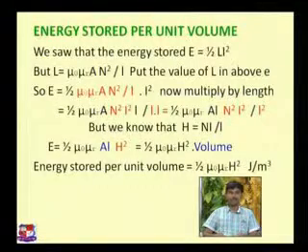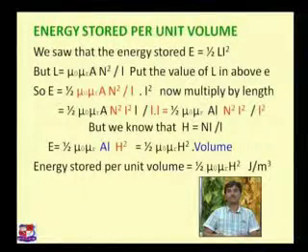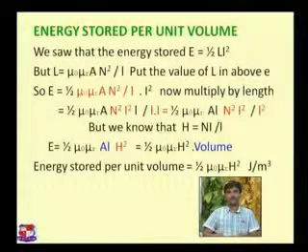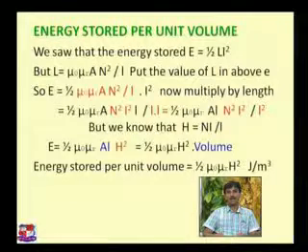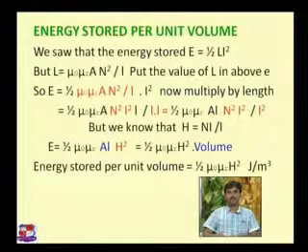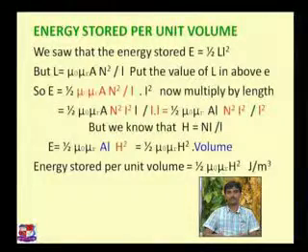Now multiply both by length l. So we get E is equal to 1/2 mu 0 mu r A n square l square I square into 1 upon l into l, that is l square. So is equal to 1/2 mu 0 mu r A l n square I square upon l square.